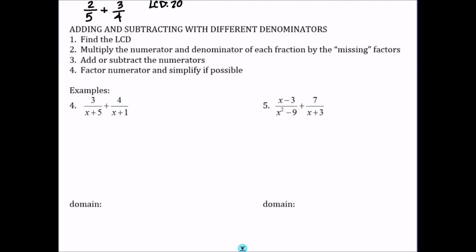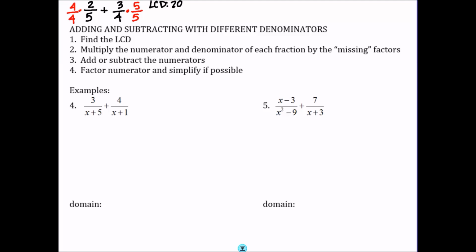Step 2 says you need to multiply the numerator and denominator of each fraction by the, quote, missing factors. So we want both of our denominators to be 20. So the first fraction needs to be multiplied by 4/4 to make the denominator 20. The second fraction needs to be multiplied by 5/5 to make the denominator 20. You always have to multiply the numerator and denominator by the same thing.